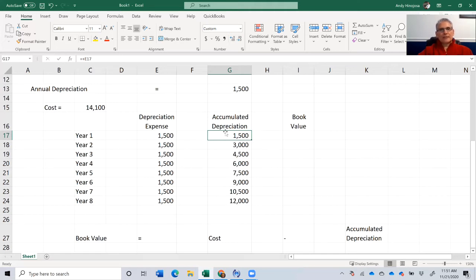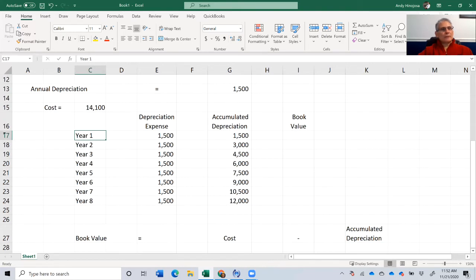We're just adding $1,500 every year. So the accumulated depreciation shows year to date, or up to date, how much has been depreciated. Now the book value can be computed by taking the original cost minus accumulated depreciation.